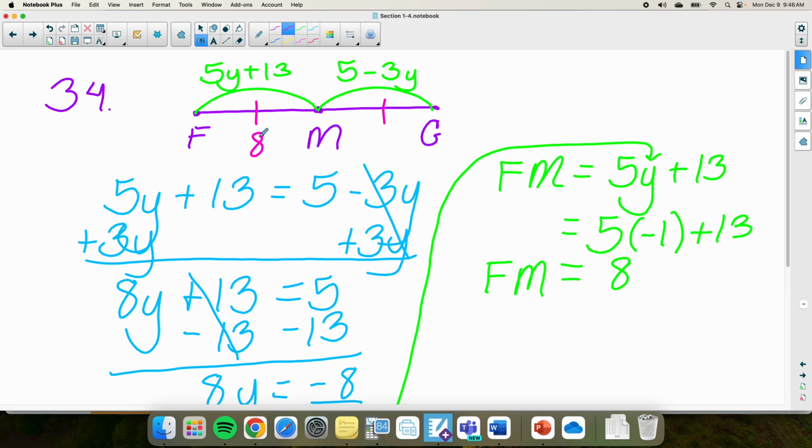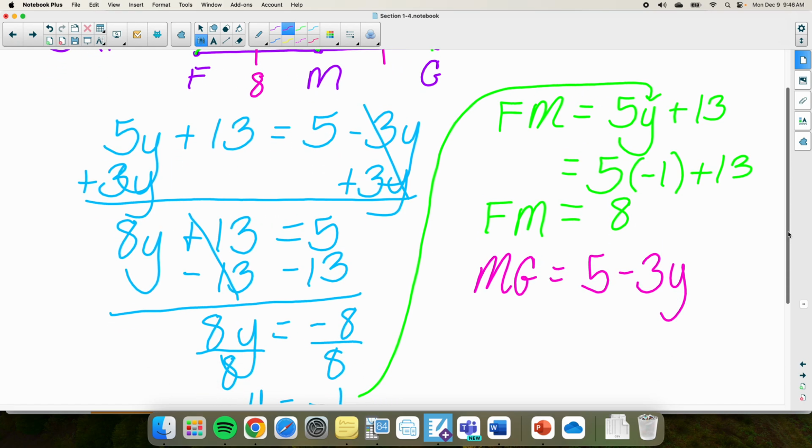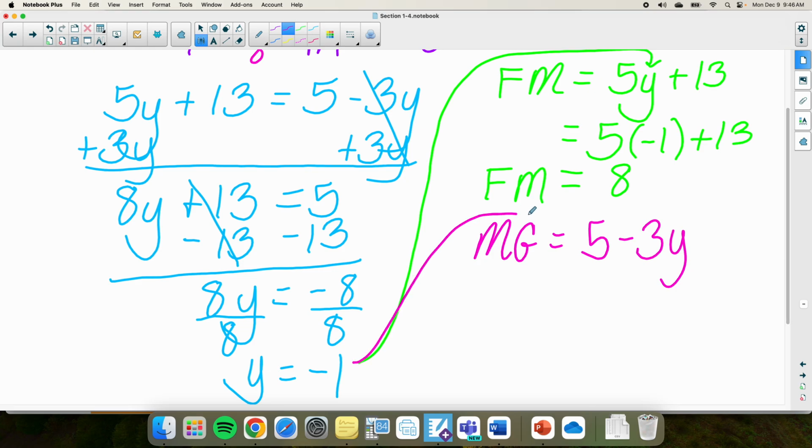If this is 8, the other thing should be 8. But we can check to make sure and do what is MG, which is 5 minus 3y. So we would take this negative 1 and put it in here. So we'd have 5 minus 3 times negative 1.